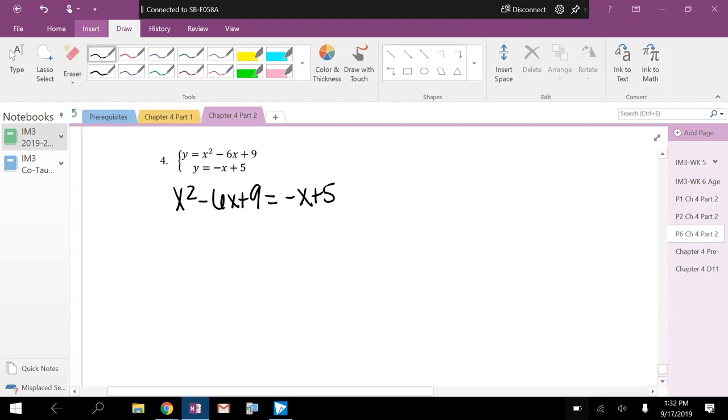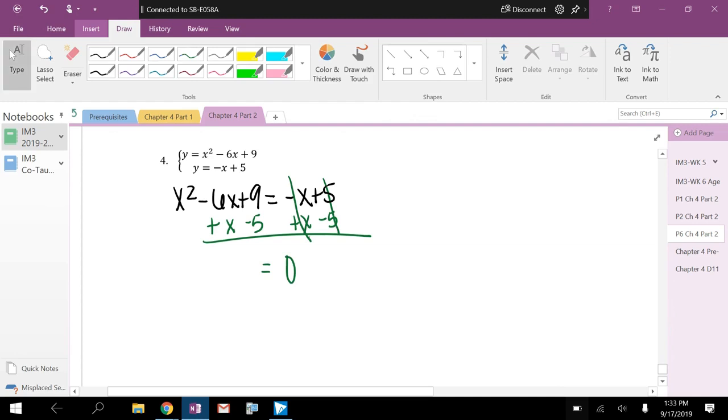Second step, make one of these sides equal to 0. So I'm going to move both these pieces over to the left by adding x. What do I do with that 5? Subtract it. Gone, I get 0, which is what I wanted. Now go left to right.